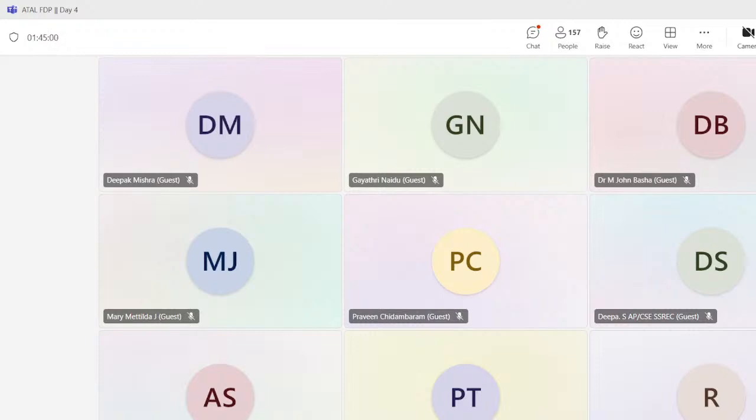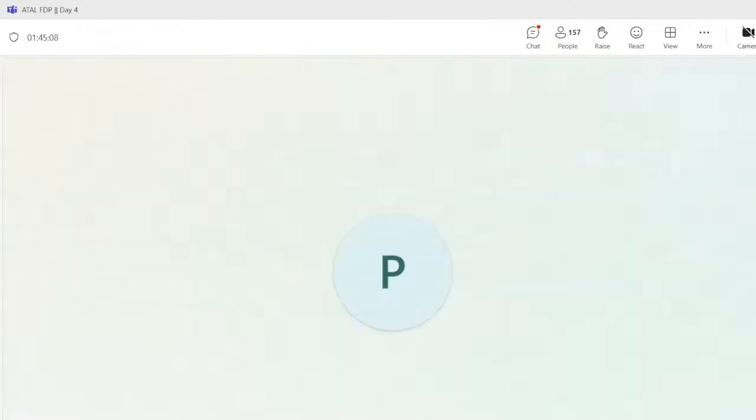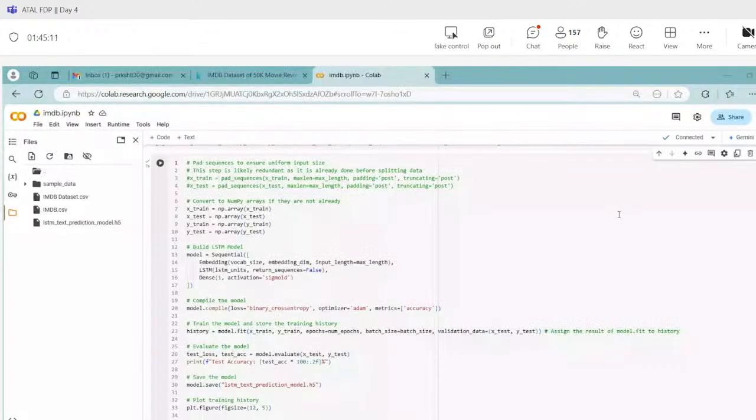I will share the screen now. So, are you able to see the screen, the coding screen? Yes, sir, we are able to see. Okay. So now see here.